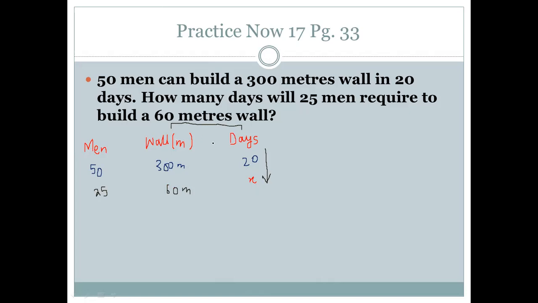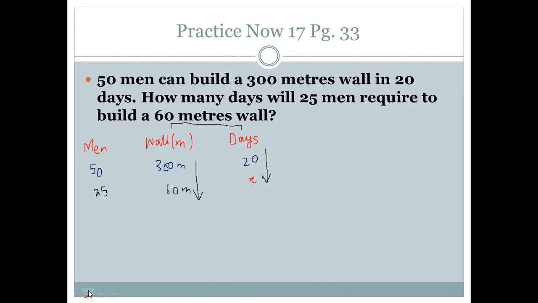So if in 20 days a 300-meter wall can be built, so in how many days can a 60-meter wall be built? So definitely few days are required, less than 20. So it means that it is direct proportion. So I will make an arrow like this, with the arrowhead towards the 60-meter.